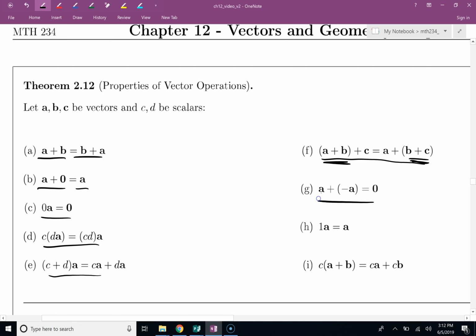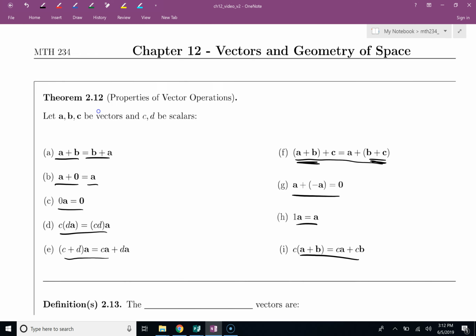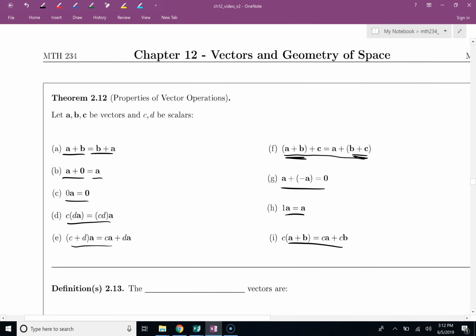If you add A with negative A, you get back to 0. If you multiply by 1, you get itself. And again, there's a distributive property with vector addition and scalar multiplication here. So everything that you know and love from multiplication and addition of regular old real numbers also applies here to vector addition and scalar multiplication.